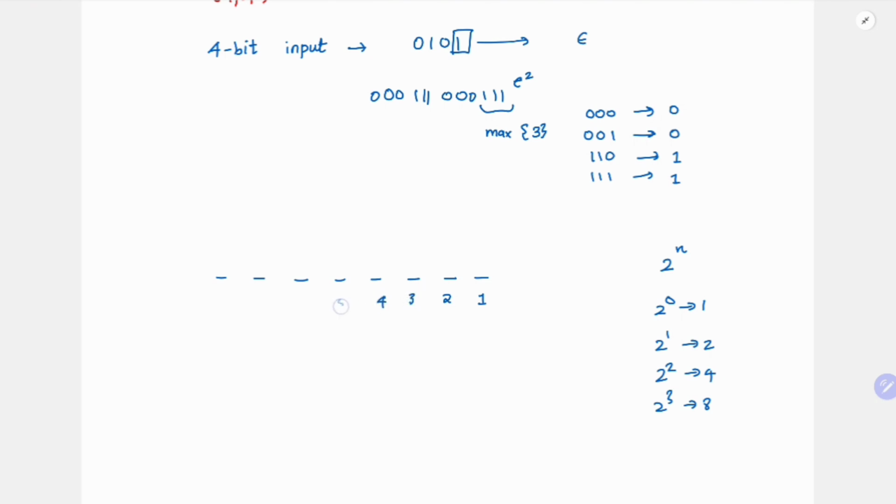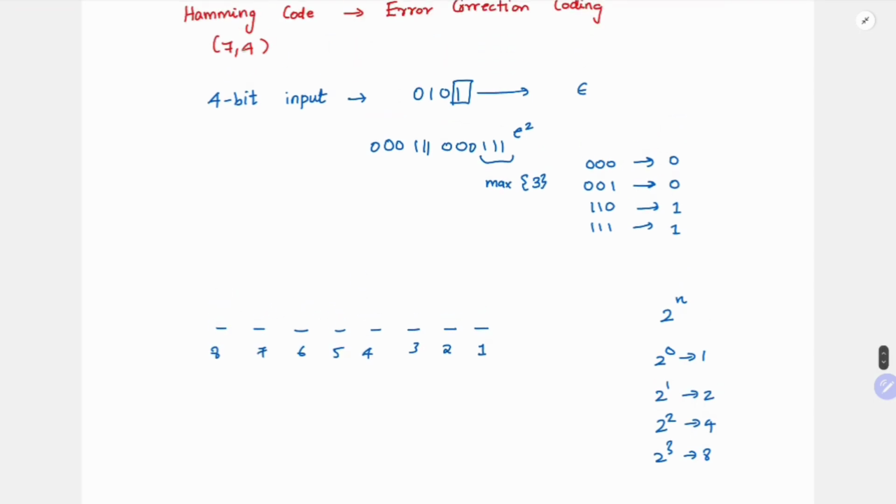So positions 1, 2, 3, 4, 5, 6, 7, 8. Here 7,4 means we have a 7-bit code. We are taking a 4-bit input and adding 3 redundant bits to make it a total of 7 bits.